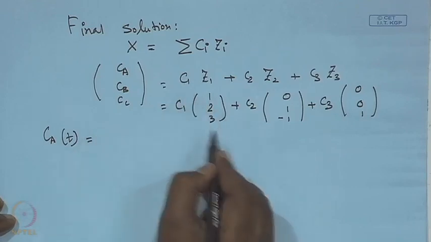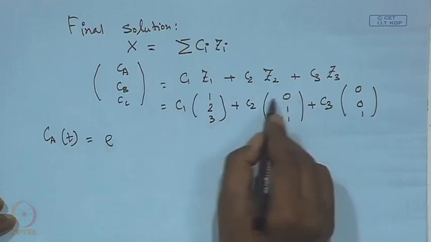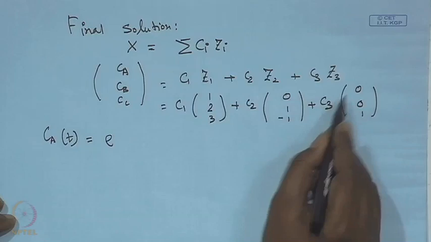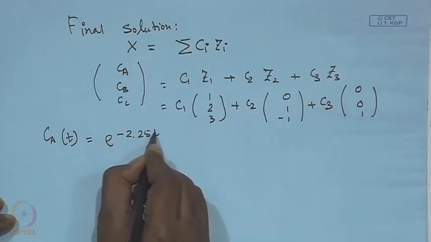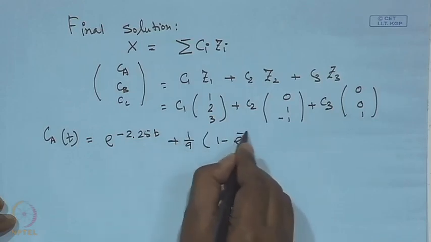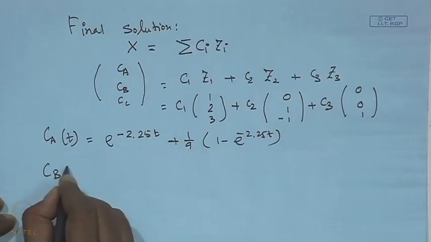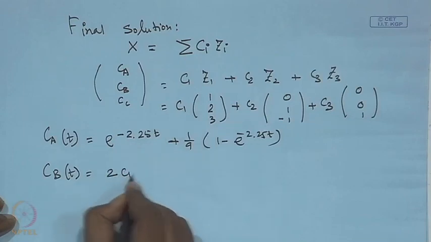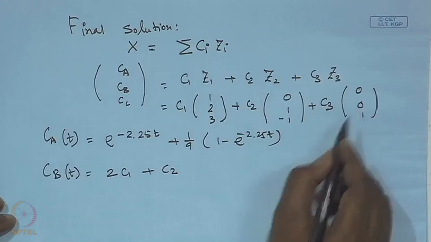Now, we will be putting in C 1. For C A, it will be C 1 times 1 plus C 2 times 0 plus C 3 times 0, so they will contribute nothing. So, it will be e to the power minus 2.25 t plus 1 by 9 (1 minus e to the power minus 2.25 t), that is the expression of C 1. And if you look into the expression of C B, it will be 2 times C 1 plus 1 times C 2 plus C 3 into 0.